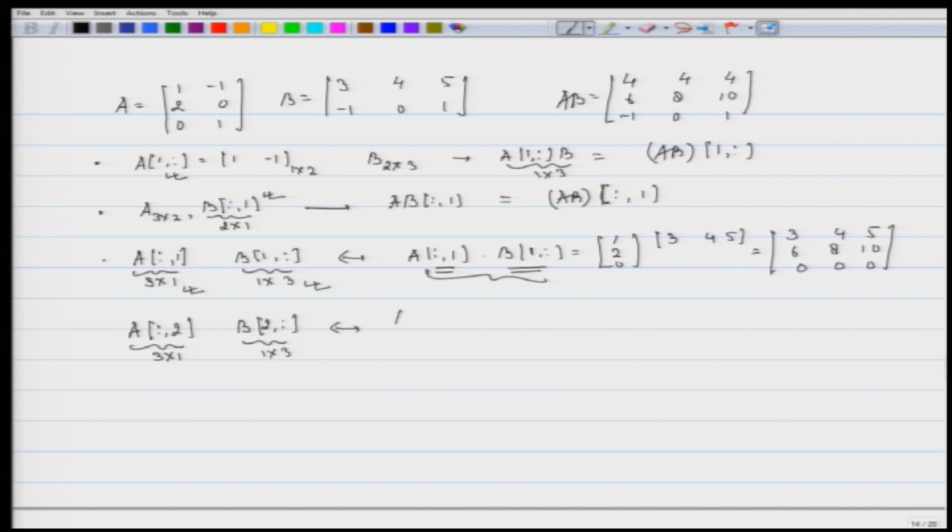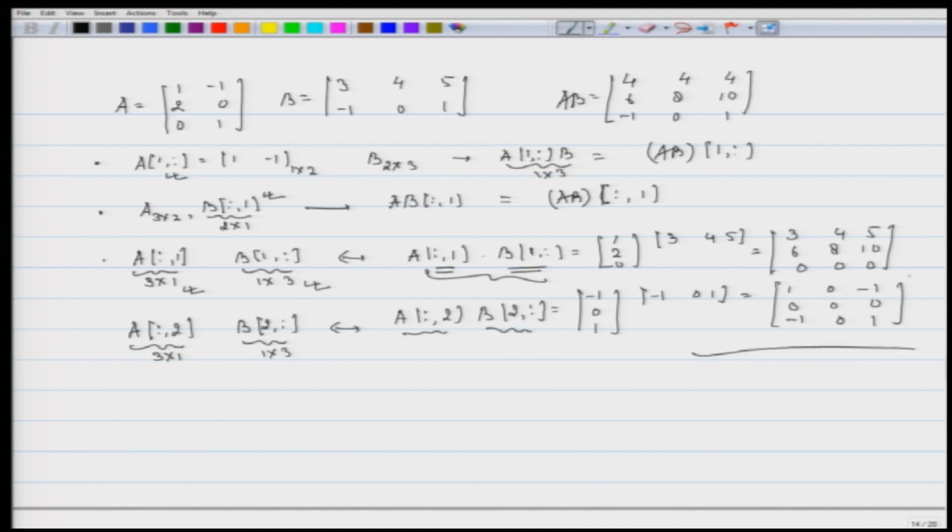So I look at A of 2 and B of this. So this matrix has entry minus 1 0 1, this has entry minus 1 0 1. So this gives me 1 0 minus 1, this is 0 0 0 0 with 1 minus 1 0 1.